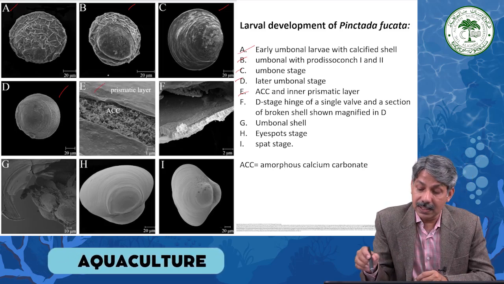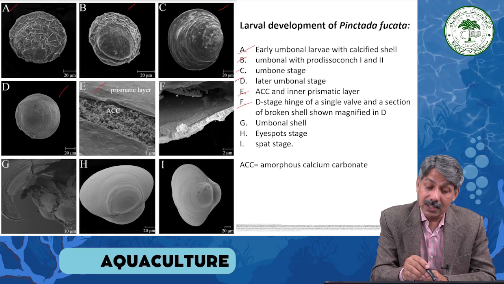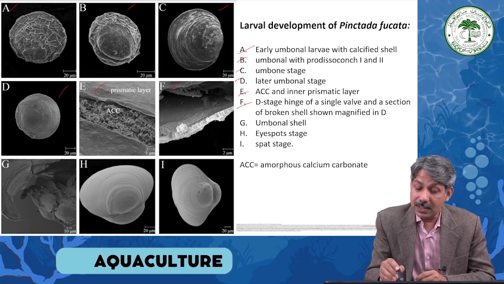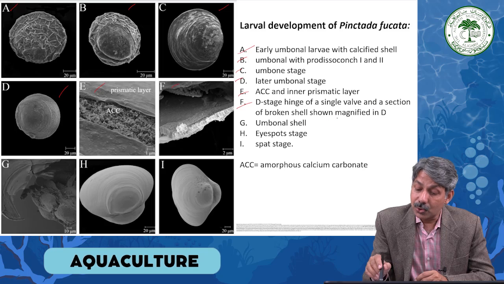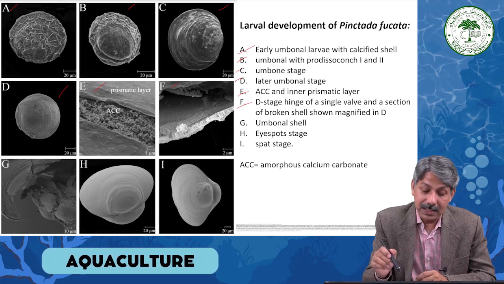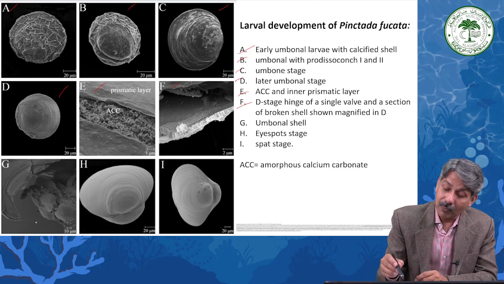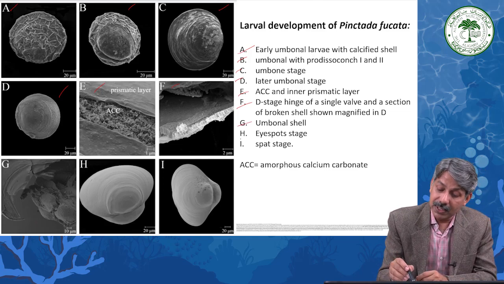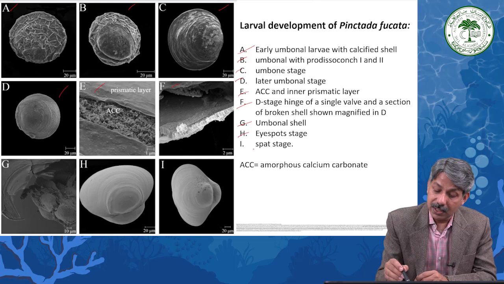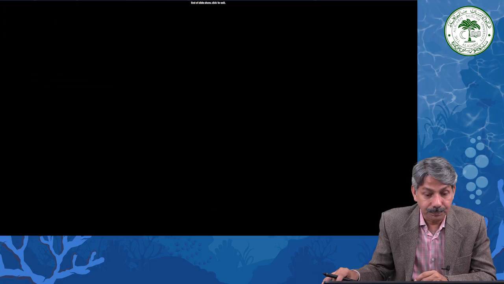Then we have the D stage hinge, represented in F. D stage hinge of a single valve and a section of broken shell shown magnified in D. It is followed by G, where the umbonal shell can be seen, H the eye spot stage, and the last one, the spat stage.